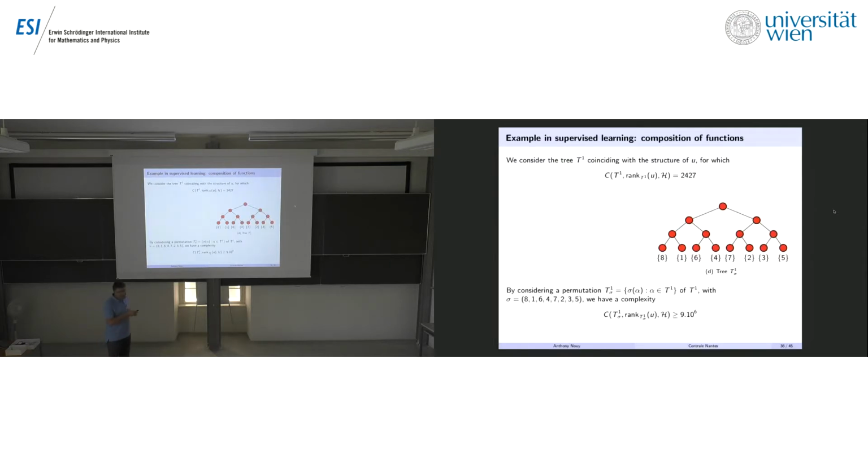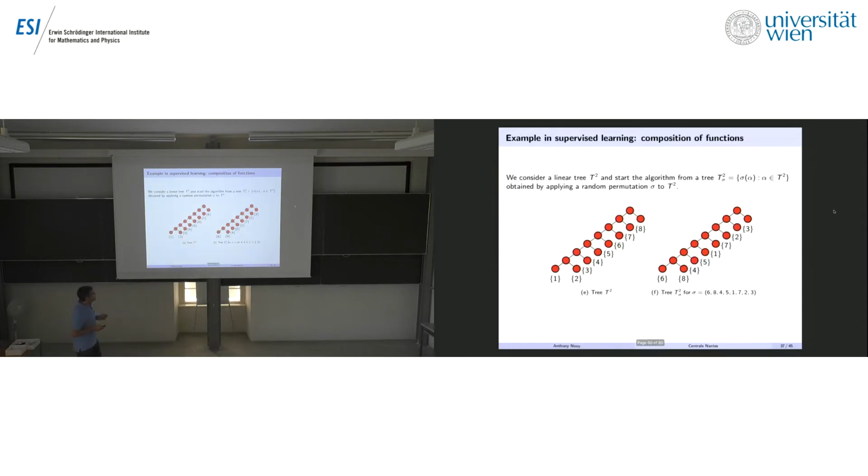But if you choose a bad tree with a bad ordering of the variables, the representation complexity will be more than 1 million, 9 million, okay? Which means that if you have no adaptation of your tree and you run your learning algorithm within this tree-based tensor format, you will need a huge amount of data in order to estimate a good approximation in this format. So of course here tree optimization will be crucial.